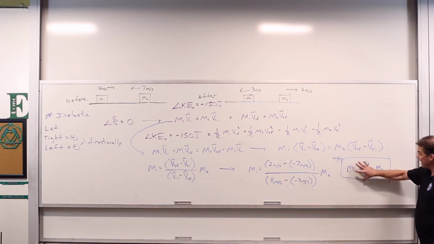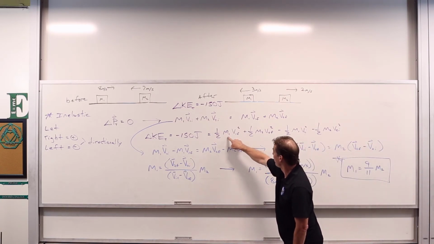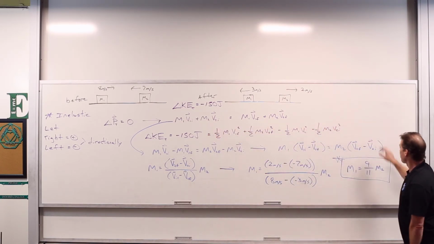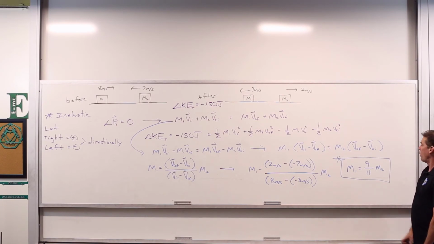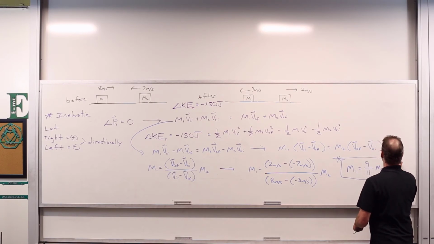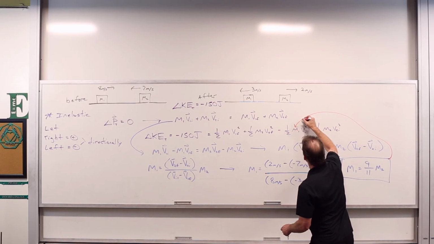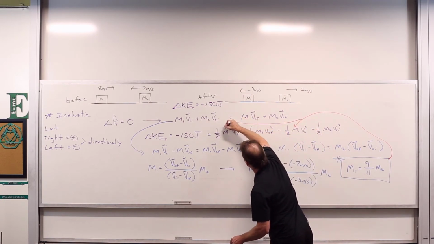Well, I can stick this in for M1 here and M1 here and rewrite this entire expression, so the only thing that I don't know is M2. And then we can solve that for M2. Once we know what M2 is, we get M1. So this here is going to get substituted in here and here.